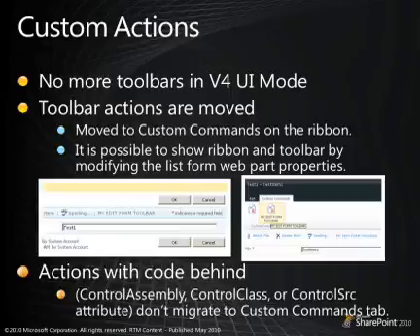If you use server-side code in your custom actions, they would not be visible on the Custom Commands tab. Since the ribbon is based on client technologies and does not cause postbacks by default, there's no easy solution for this. This means that you'll need to refactor your code to work otherwise. For simple cases, you can check if similar functionality is possible using the JavaScript client object model.